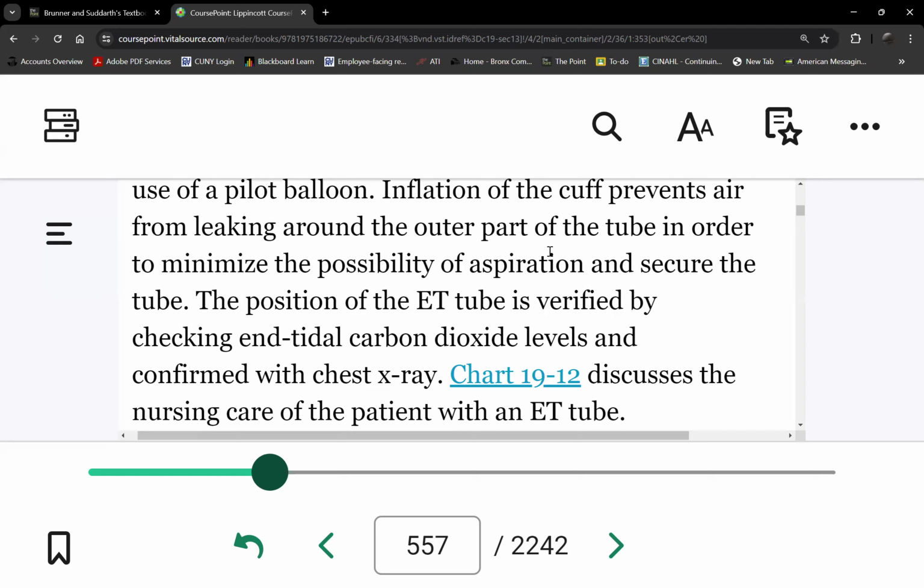This just means that, let's say you're in that rural, godforsaken hospital, which takes 10 minutes to get an x-ray result. In the meantime, what are you gonna do for 10 minutes? The patient has to get breaths, right? You have to start the ventilator. So those are the other ways you can tell it's in the right place, until we get the x-ray confirmation. What are the other ways again? End-tidal CO2, symmetrical chest rise, and lung sounds.